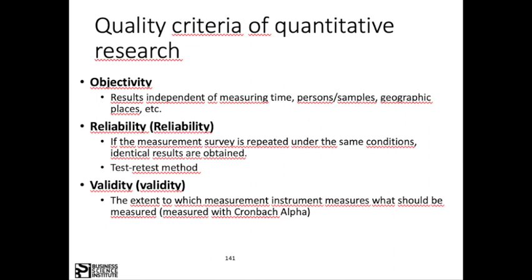This is generally measured with the Cronbach alpha or the Jöreskog-Koch criterion. So we have different tools which we use when we do factor analysis, exploratory or confirmatory factor analysis, which gives you an indication of reliability, that is that all the items measure the same phenomenon.